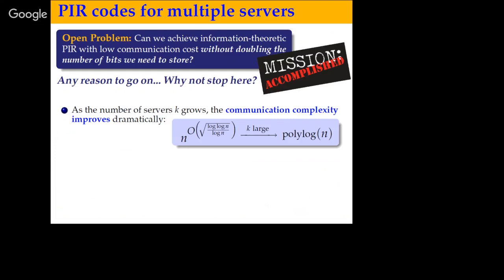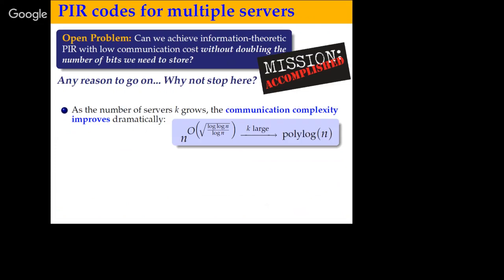If you look at the results of Yekhanin and before that the results of Yekhanin and Efremenko, this is what I showed you before. With Yekhanin you can get there with 2 servers, but if you allow more servers, then the communication complexity in fact becomes smaller and smaller.